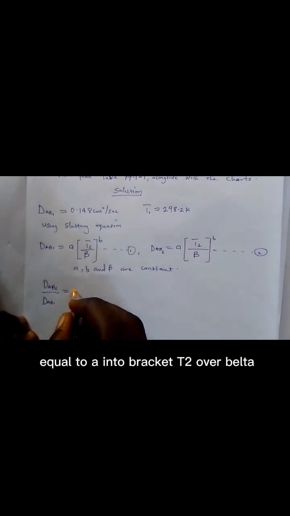So next is to divide equation 2 by equation 1. Dividing equation 2 by equation 1, we have diffusivity AB2 over diffusivity AB1 equal to A into bracket T2 over delta raised to power B, divided by A into bracket T1 over delta all raised to power B. Since A is constant, they will cancel out.